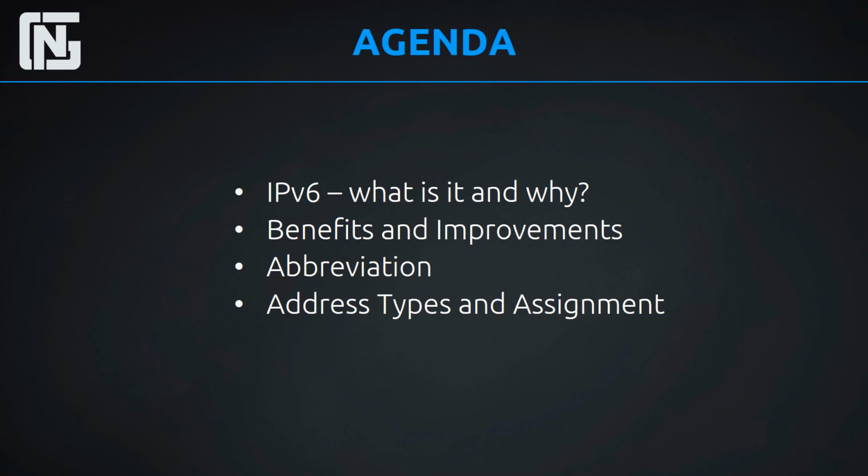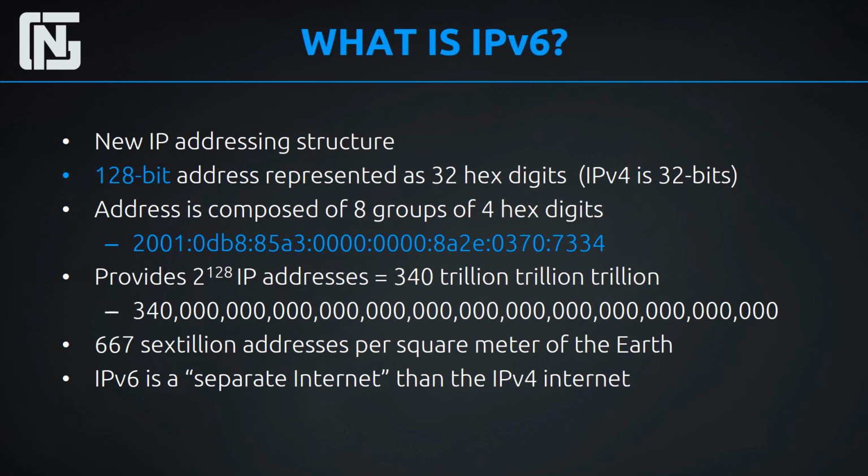Then we'll look at the different types of IP version 6 addresses and how they are assigned. A lot of this isn't too much different from IP version 4, but there are some really good improvements. And of course, the addressing structure is completely different. That's the main thing we're going to take away from this lesson. So let's jump in and look at what IP version 6 is.